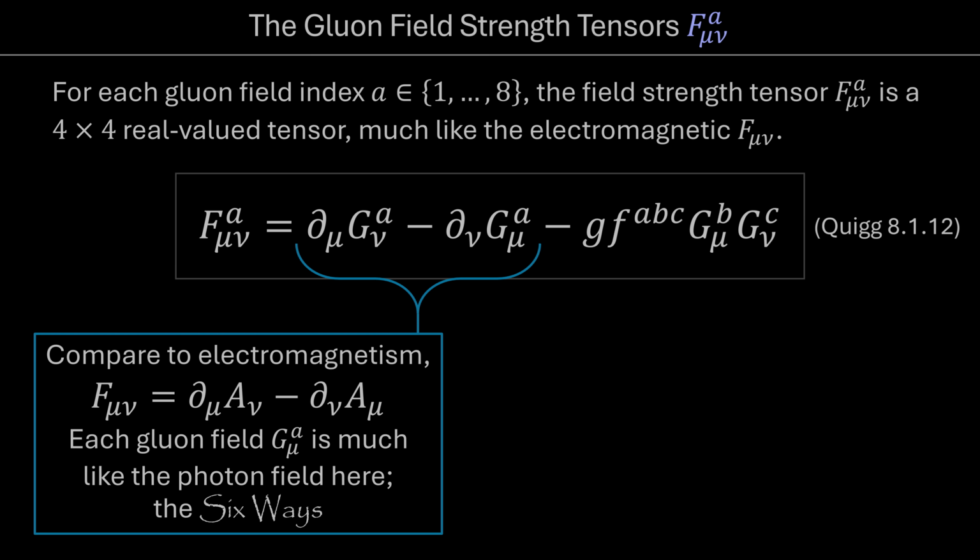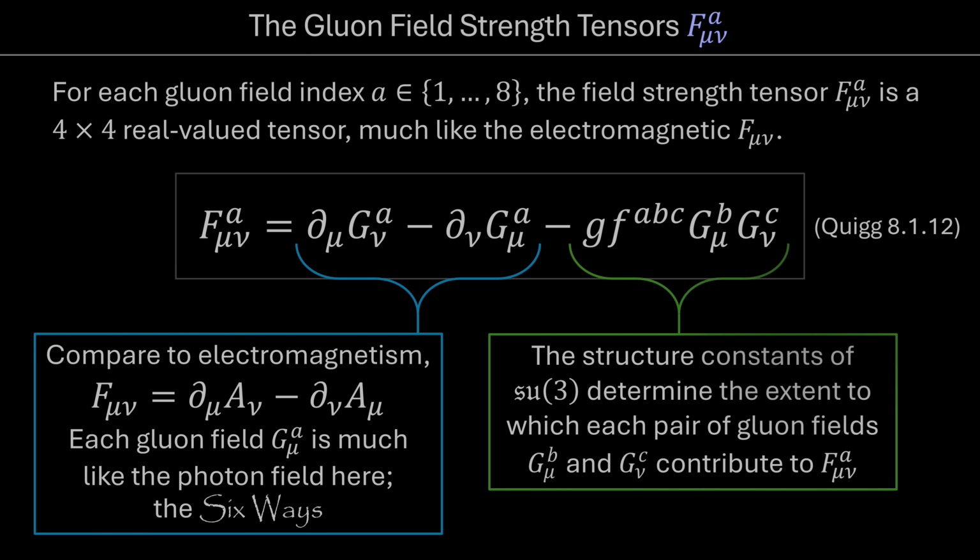But, of course, in QCD, we also have this interaction term in our field strength tensor. Now, we can tell that this is an interaction between gluon fields because you can see that we have components of the different gluon fields directly multiplied together. And that means that one of the things that contributes to the field strength tensor in QCD is the amount of each gluon field that we have.